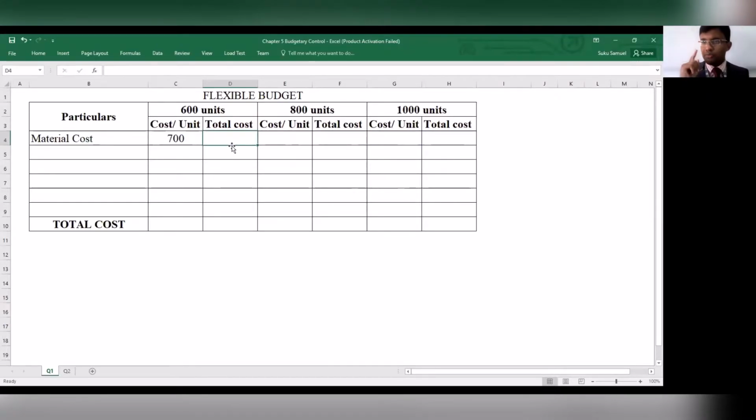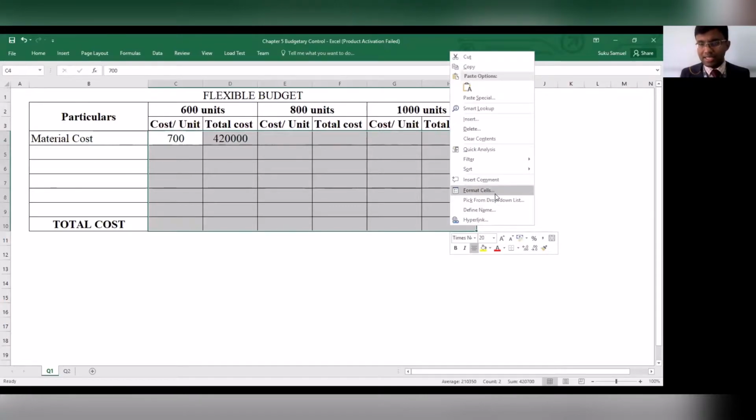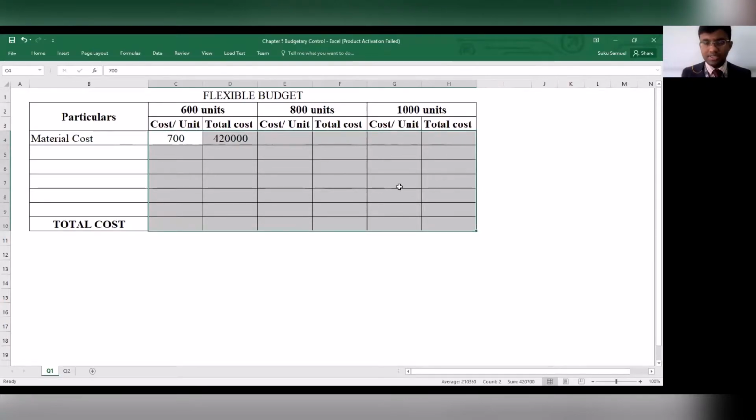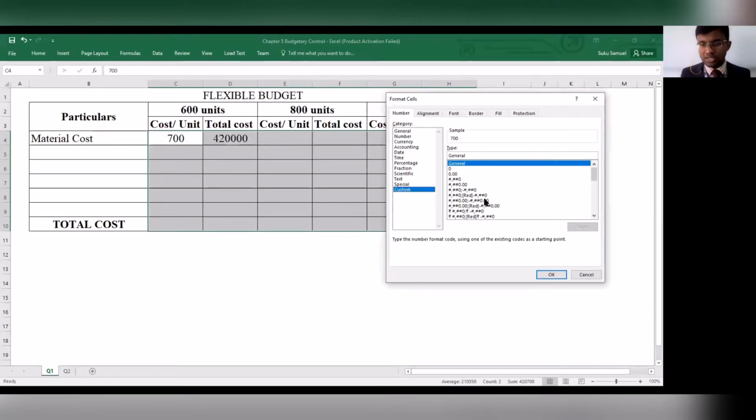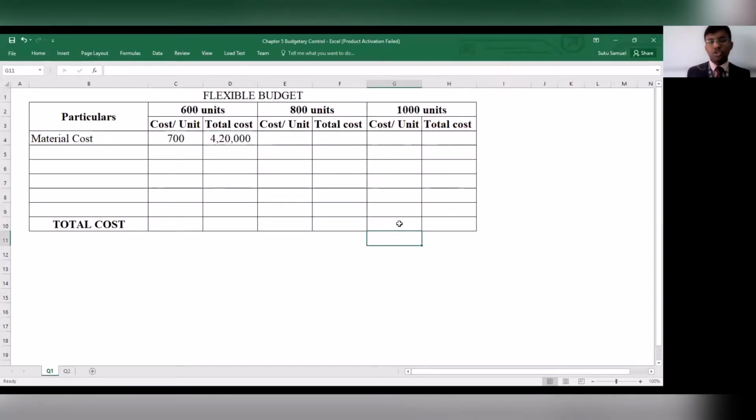We know that for producing one unit of product, your material cost is 700 rupees. So how do we calculate the total cost? It's very simple: 700 into 600. That is how you will be calculating the total cost, which is what I have just done. So the total cost works out to be 4,20,000.